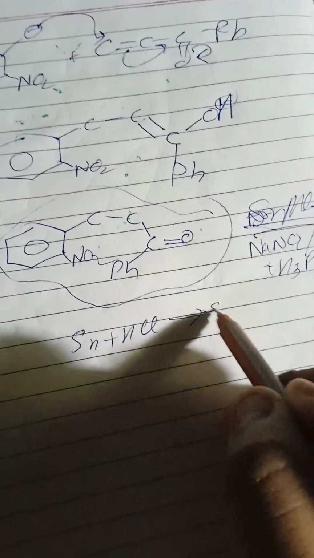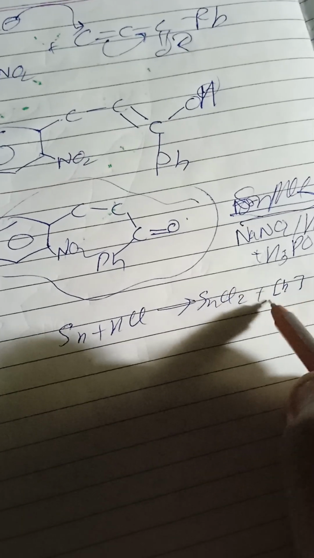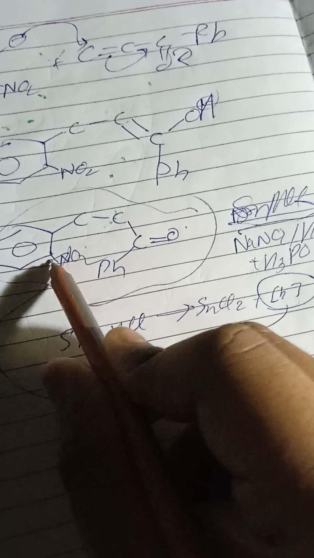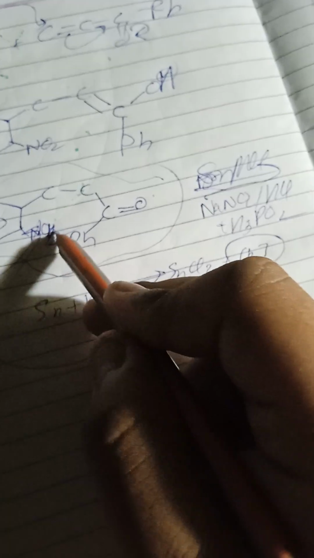So first of all we have Sn/HCl. Sn plus HCl reacts to give SnCl2 plus nascent H, which attacks on it and it gets reduced to NH2. NH3 plus precisely, but let's write NH2.